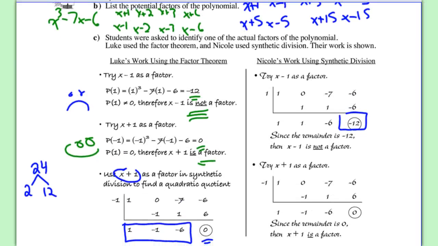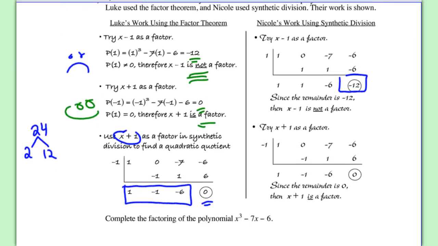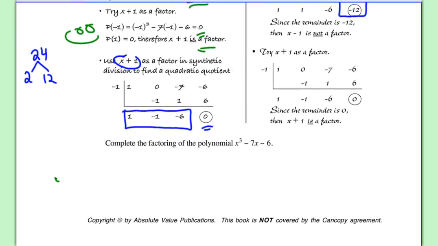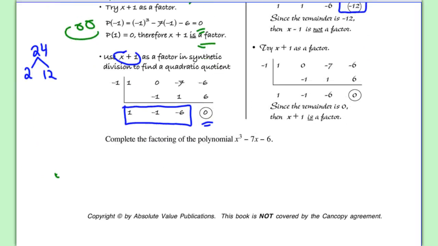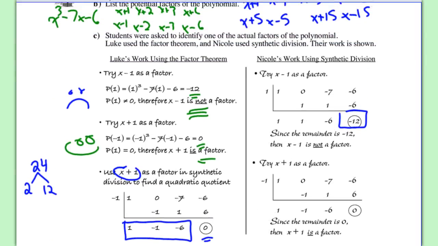And in each of Nicole's and Luke's work, one of them is using the factor theorem, and one of them is just using synthetic division, right? So taking the work they've done, what can we do with that? Well, the fact that they now have one factor, if I use the work that Luke did, I now know that my original x, whoopsie, gotta go back and find the question.